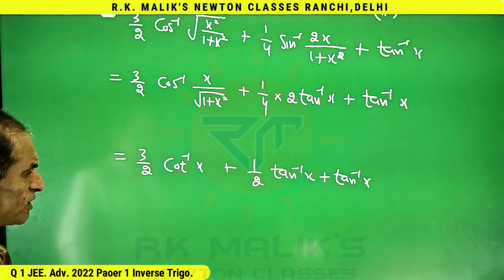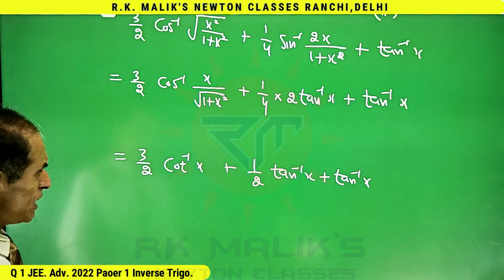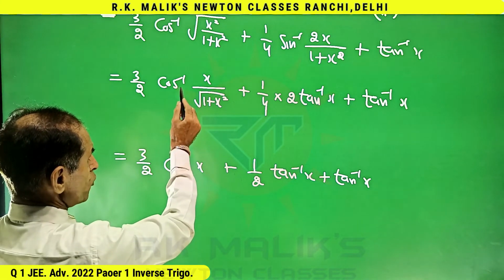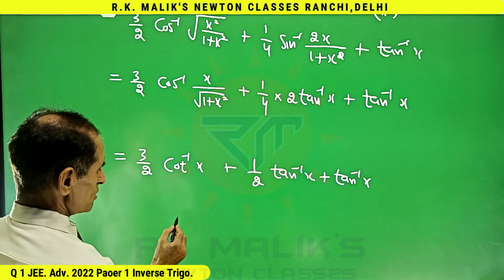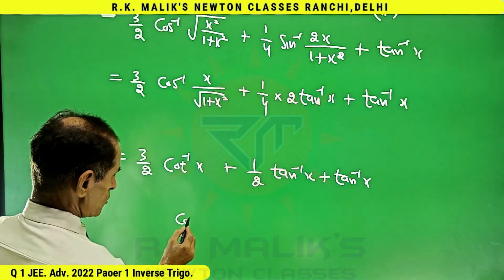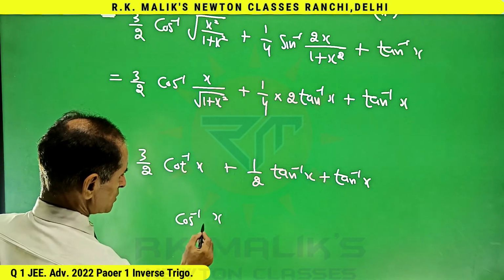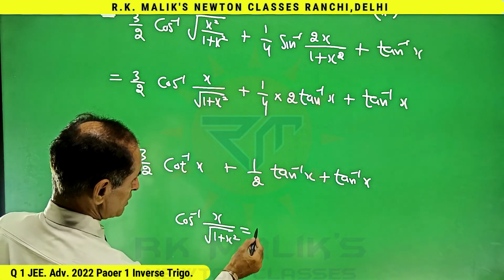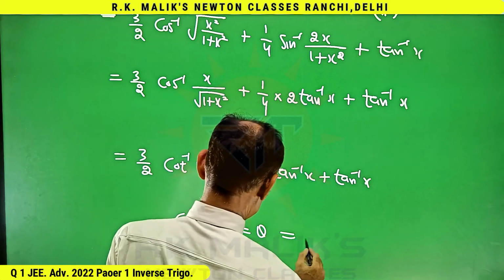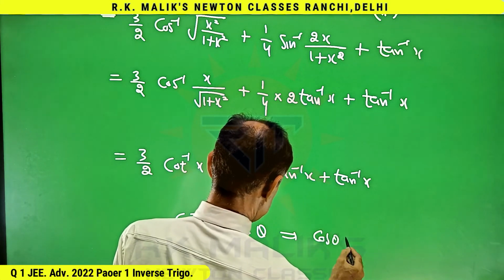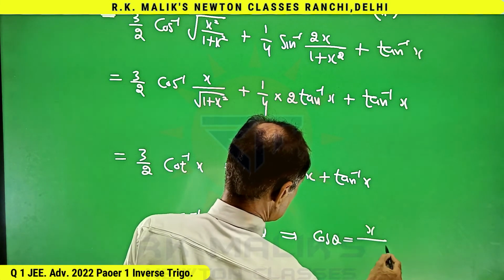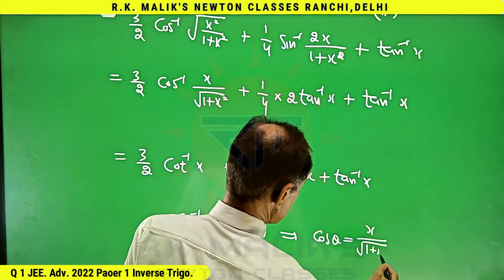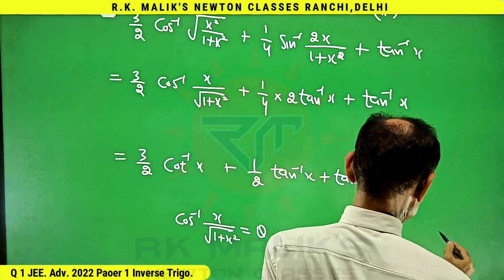You must have studied at board level that to convert cos inverse into cot inverse, we proceed this way. Let cos inverse of x upon under root 1 plus x square be theta. It means cos theta is x upon under root 1 plus x square.